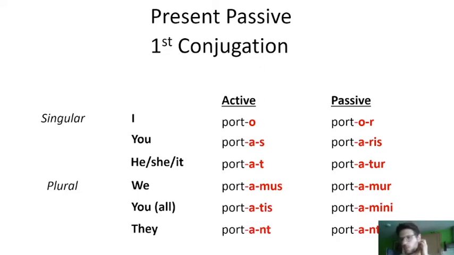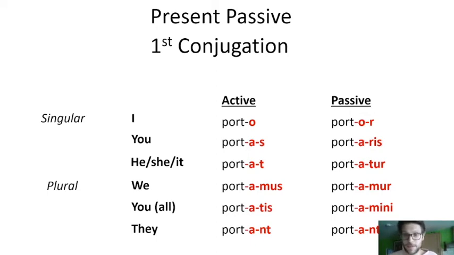Now, when we're translating these passives, I feel the best way to translate them is as follows. If we look at portat, carries, portatur would be is being carried. Present tense, is being carried. They, portant, so they carry, they are being carried.